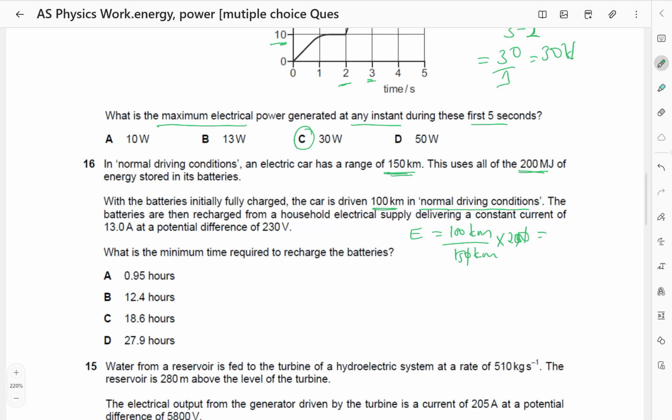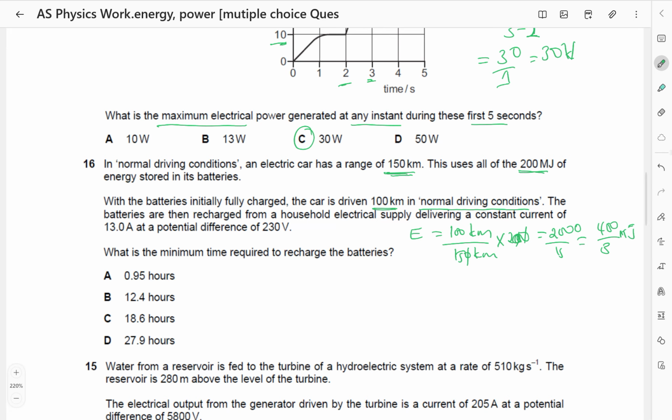So this will be 2000 divided by 15, because I've left one 0. By 5, this will be 400, and by 5, this will be 3 megajoules. So that is the energy used for 100 kilometers.